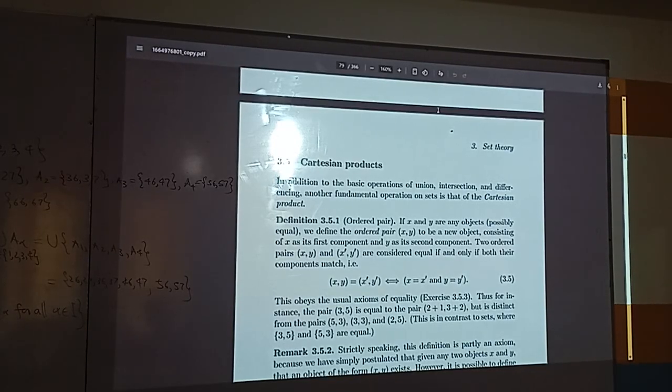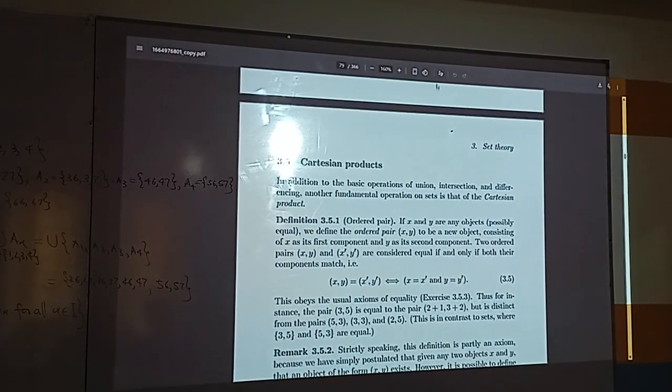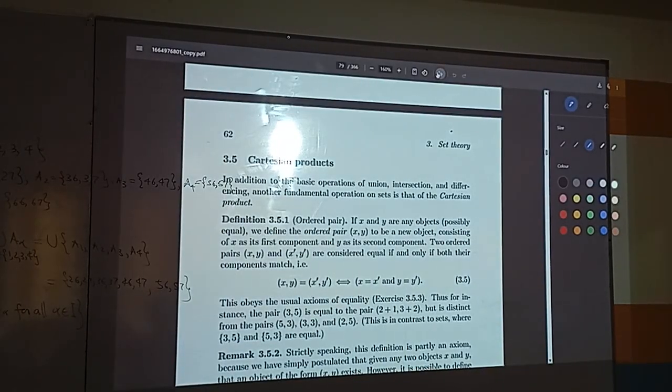This is in contrast to sets, because sets are unordered collections of elements. Here, it is ordered. You can change the order in sets, no? In an ordered pair, order is important. In sets, order is redundant. Strictly speaking, let's see. Let's go. There is almost 24 minutes.